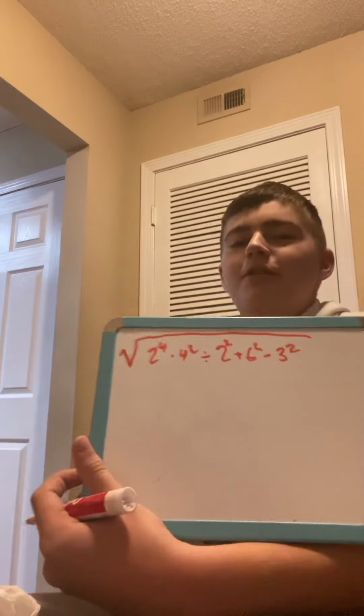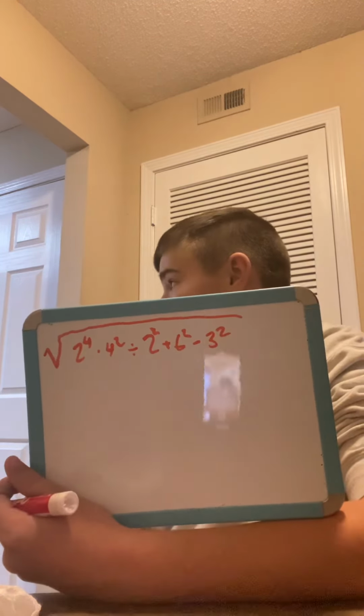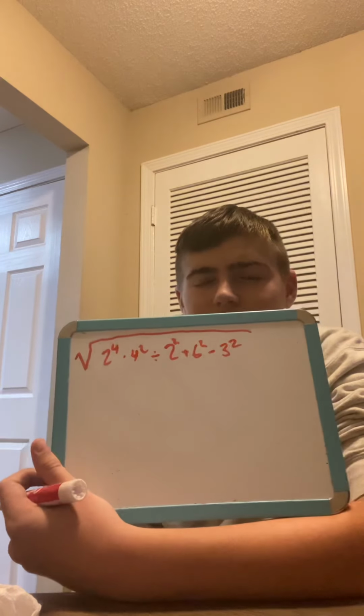Okay, find the square root. Well, we already know the answer is 96, if you should have remembered. So let's just break it down again. We have 16 times 16 divided by 4 plus 36 minus 9.